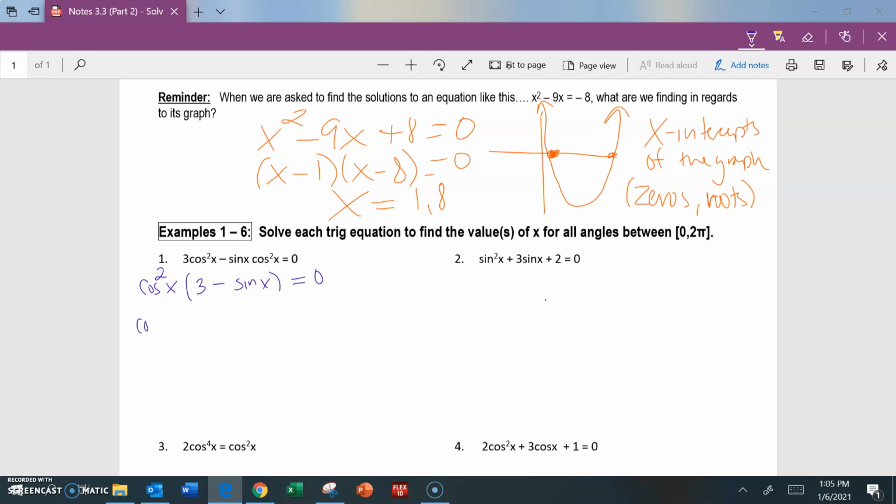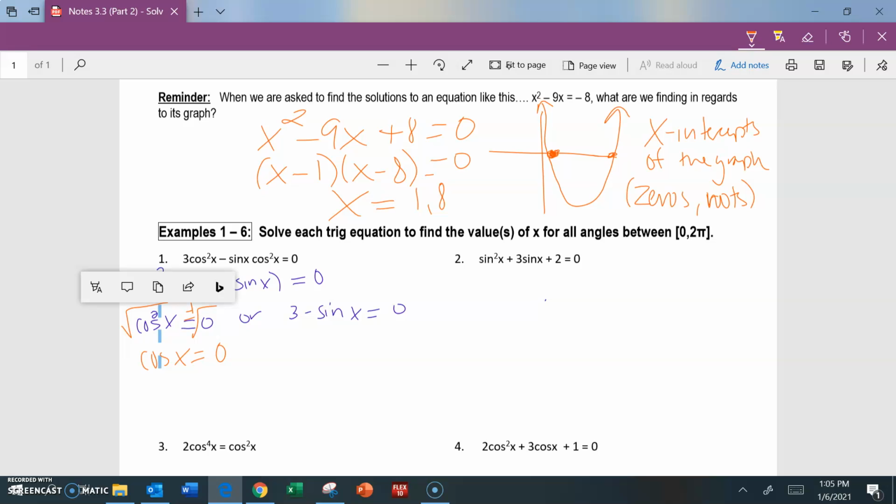So either the cosine of x equals 0, or 3 minus the sine of x equals 0. Luckily we have a 0, so the cosine of x is just going to equal 0.